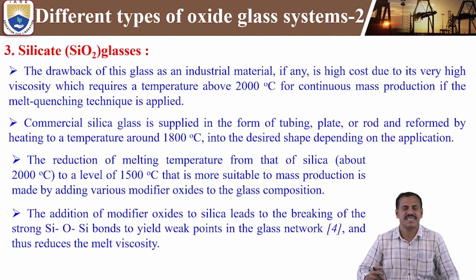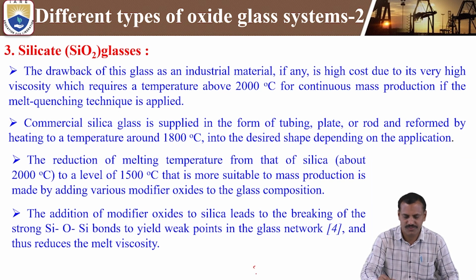Whenever we want to decrease the melting temperature in silicate based glasses, we can add different kinds of modifiers into the glass composition, reducing it from 2000 degrees centigrade to 1500 degrees centigrade.